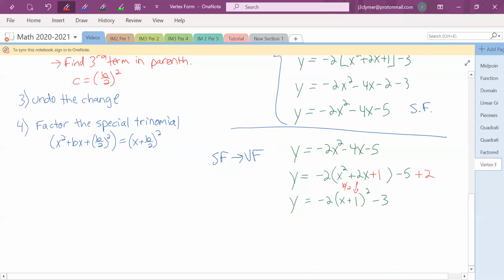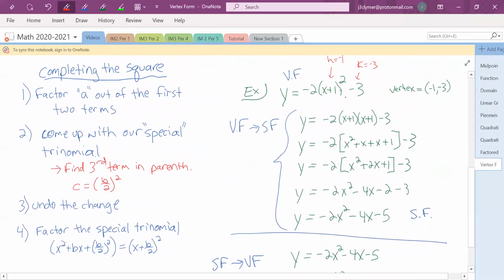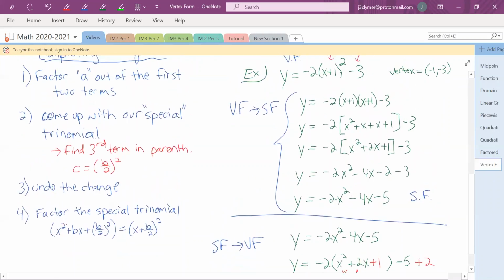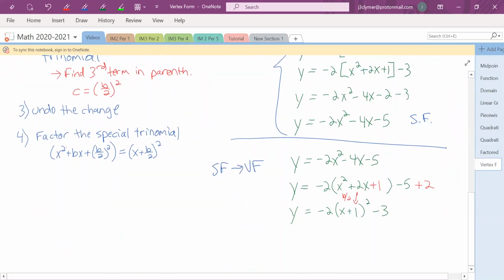And now it's in vertex form. What's interesting about this, though, is if we look at it, to get from vertex form to standard form, we took a whole lot more steps in terms of the algebraic steps. But to get from standard form to vertex form, we took a lot less steps, but it's actually a lot more challenging because it's not as straightforward what we're doing, or it doesn't appear to be as straightforward.